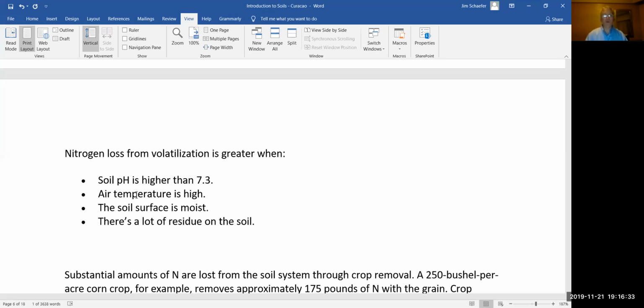There are microorganisms that live in that microclimate. One of the most common groups of microorganisms that live at the surface of your soil, at the interface of those two environments, are algae and cyanobacteria. Many cyanobacteria are nitrogen-fixing microorganisms.